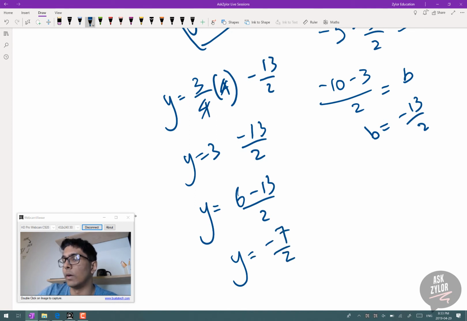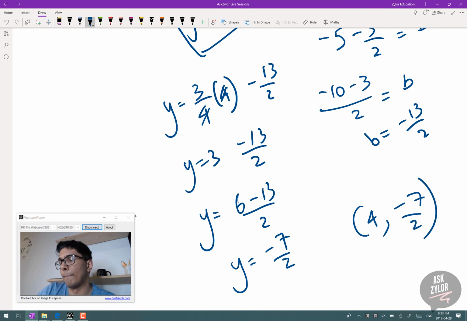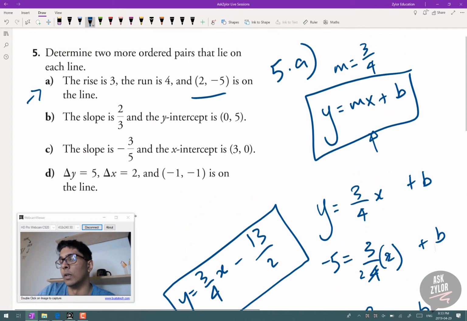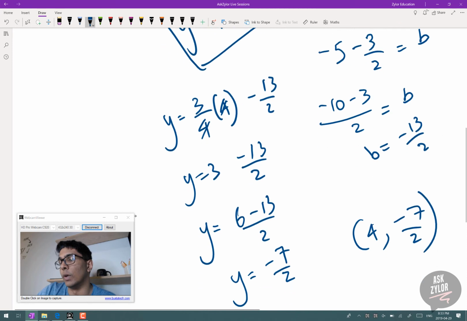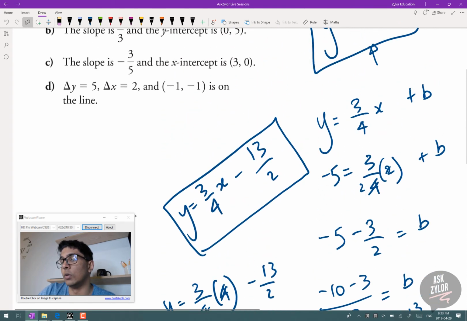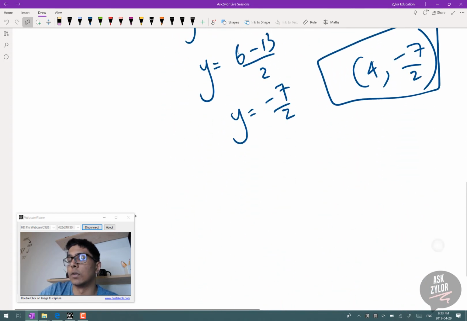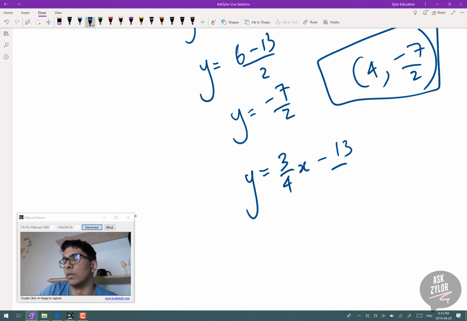Right? So I found a different coordinate just because I plugged in a different x. So my x would be 4, my coordinate would be (4, -7 over 2). So that's another ordered pair, or in other words, a different point on that graph. They're asking me to find 2 more ordered pairs, so I'm going to plug in a different x again. My equation is still 3 over 4x minus 13 over 2.